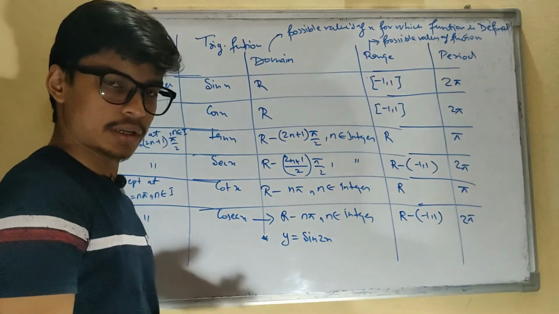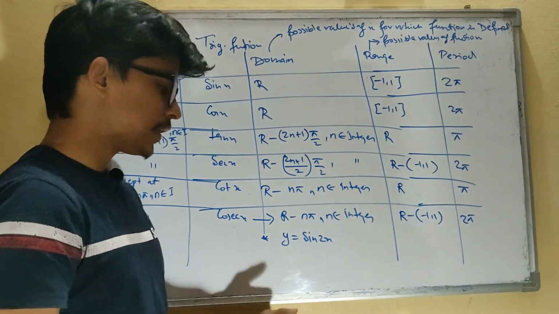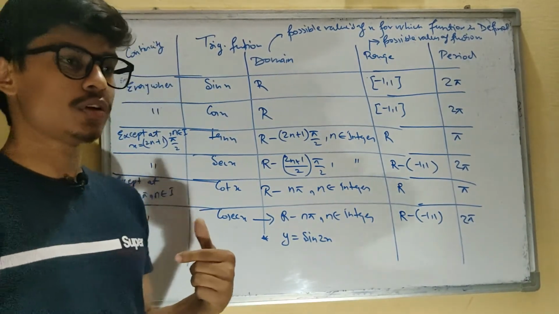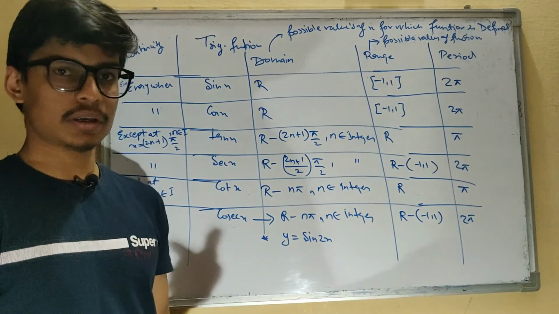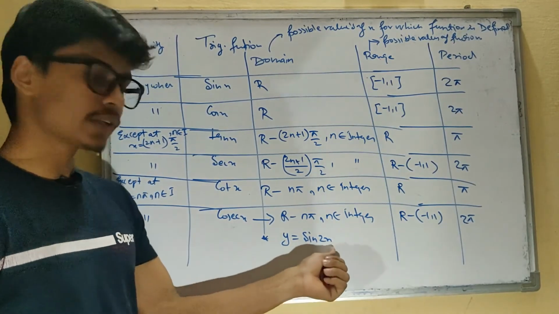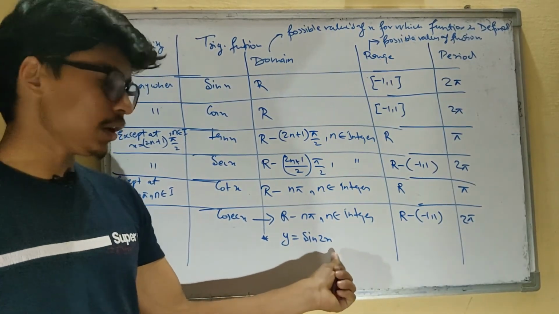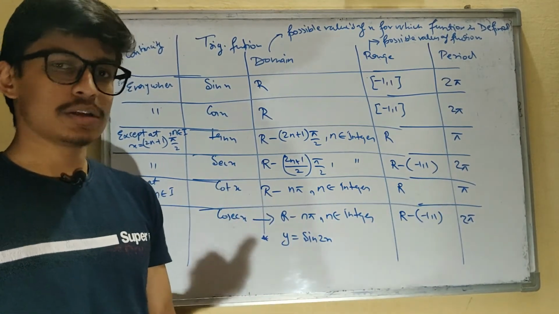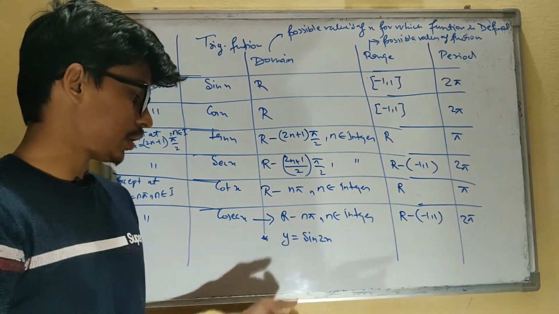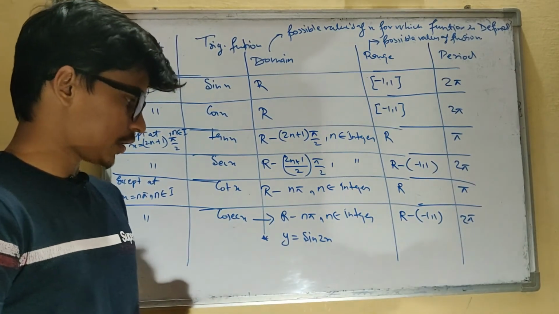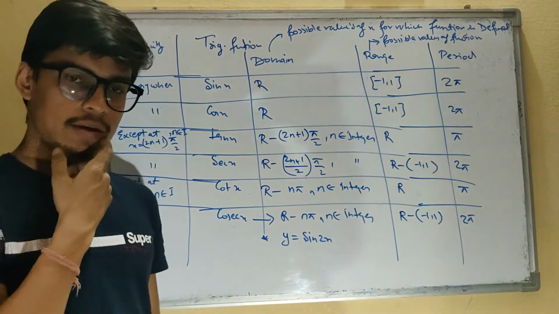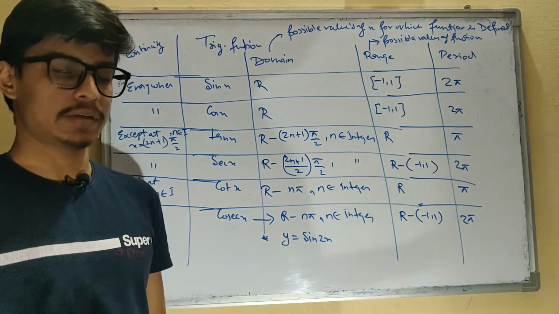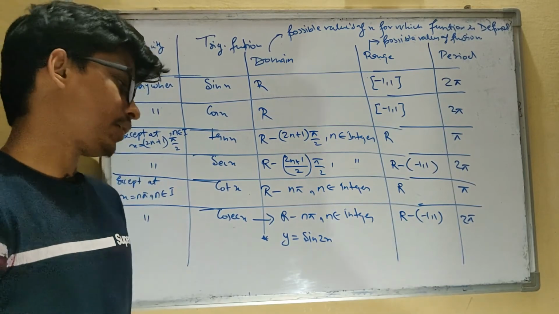To get the values, for example, if you want the value at 180, you put x equals 90 and you get sin 180, which is sin 2 pi. If you don't know the value of sin 2 pi, use a calculator. There are smart calculators in your mobile from which you can find it.